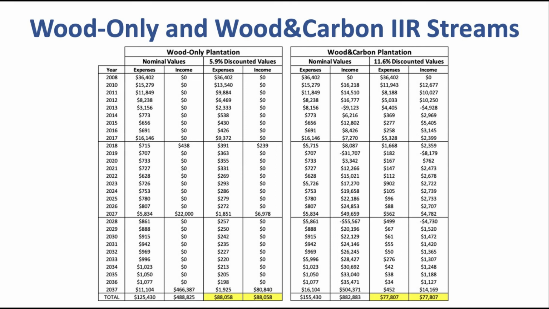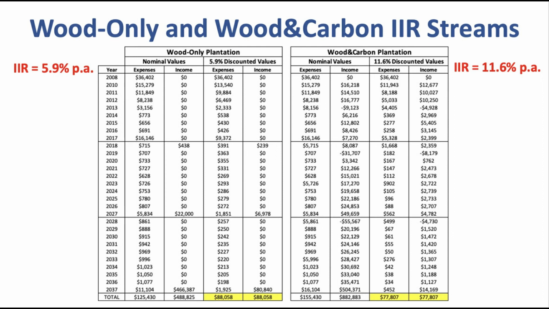And if we look at those 2 points where we get that equality, we see that the internal rate of return for the wood only option is 5.9% per annum. For the wood and carbon option, it's 11.6% per annum.